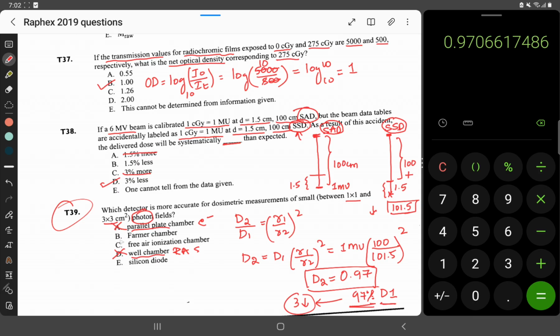The Farmer chamber is for photons, but it is for larger fields. The chamber itself is very big, so it cannot measure 1 by 1 or 3 by 3. A free air ionization chamber is for measurement of exposure in the air, so that is also ruled out. So the answer is silicon diode over here.